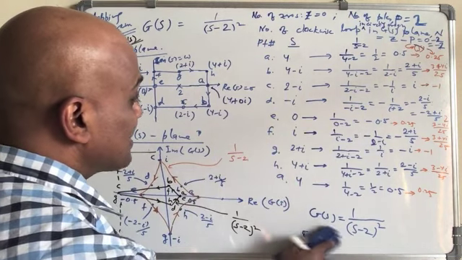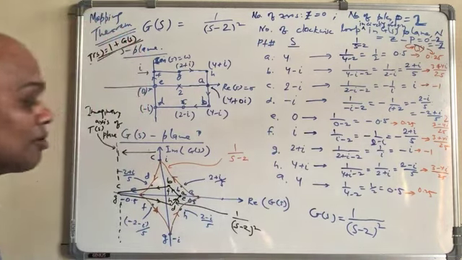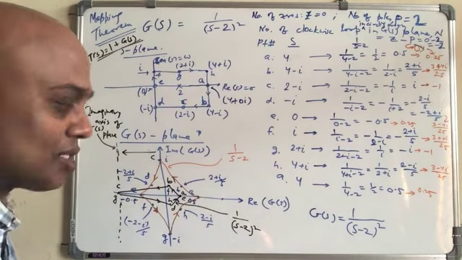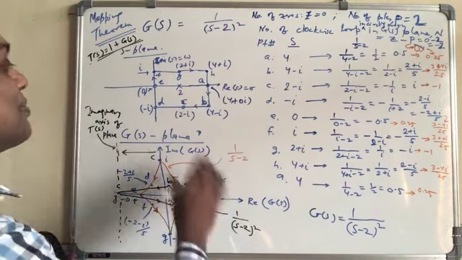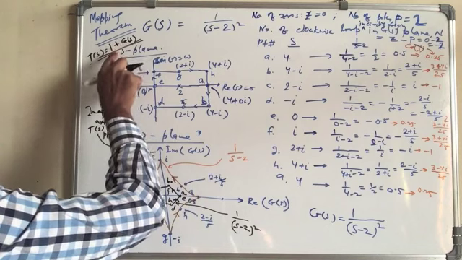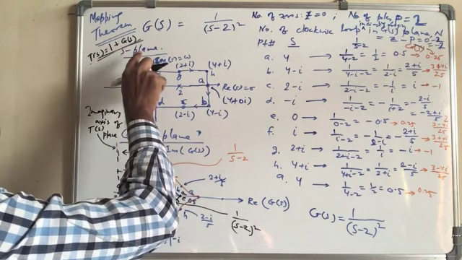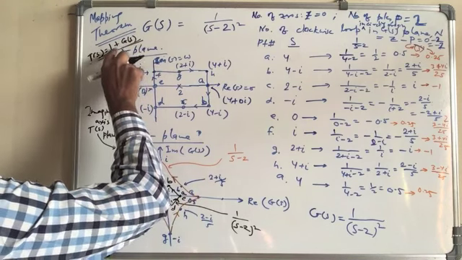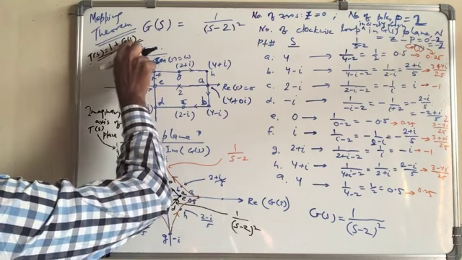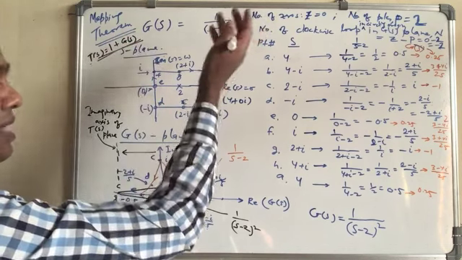So 1 plus G(s) comes here. We want to look at the relevance to the closed loop system, which will look like 1 plus G(s), where G(s) is the open loop transfer function.